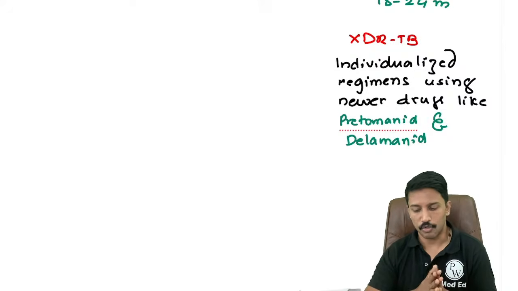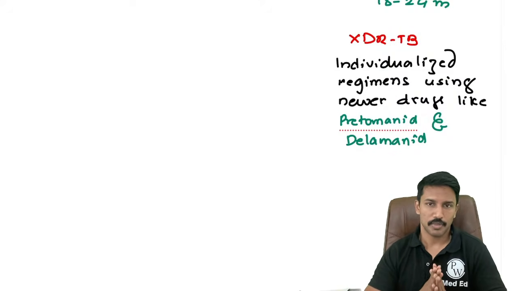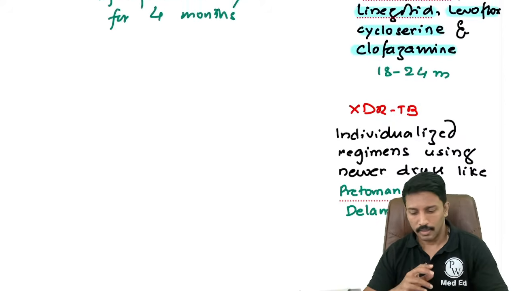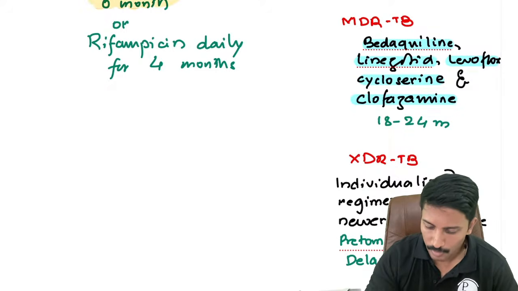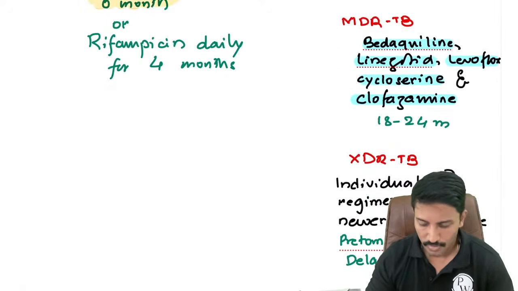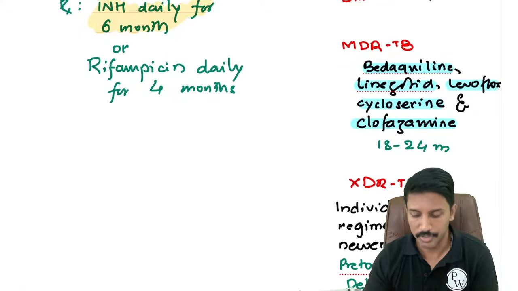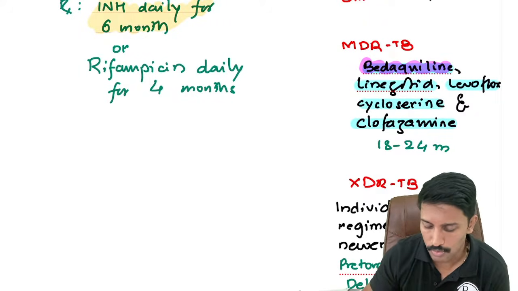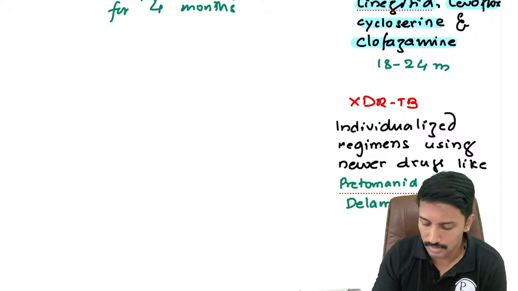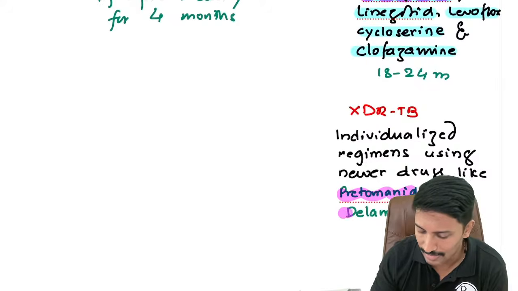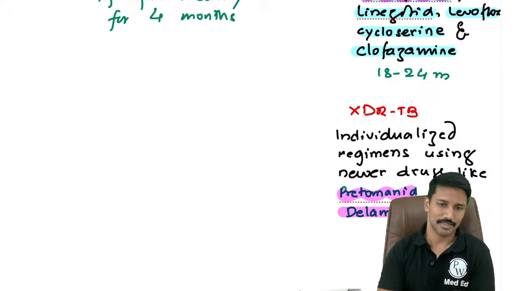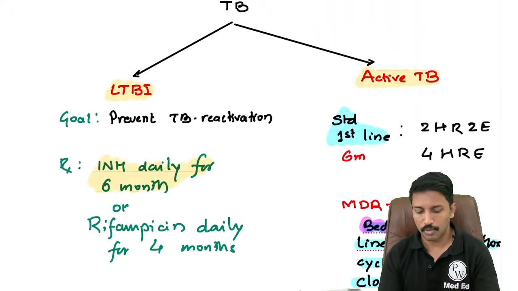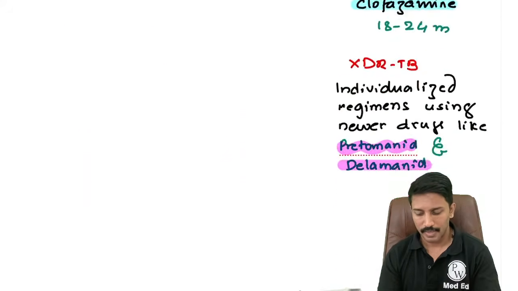We have drugs like pretomanid and delamanid. Okay, so when the examiner looks through the answers and the drugs that you mentioned, he wants to see bedaquiline in your answer, and he wants to see pretomanid and delamanid in your answer. So make sure that these are highlighted to the examiner's eyes. Okay, so that's about our TB infection.